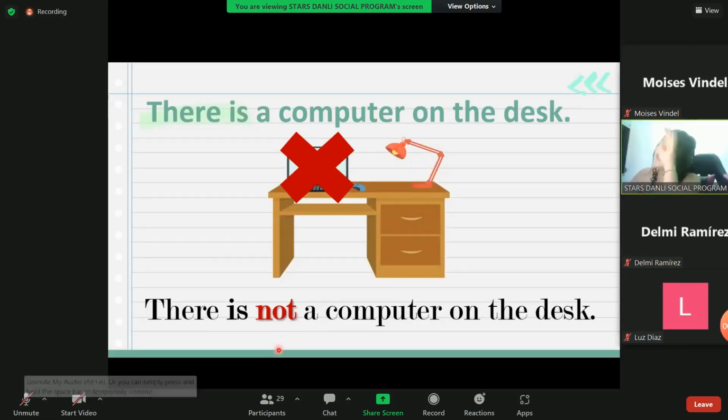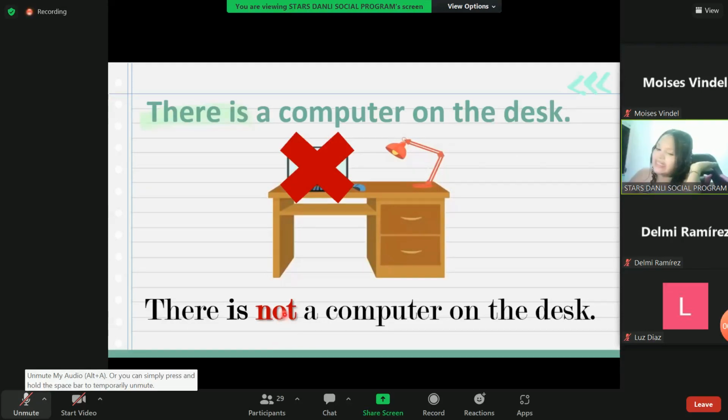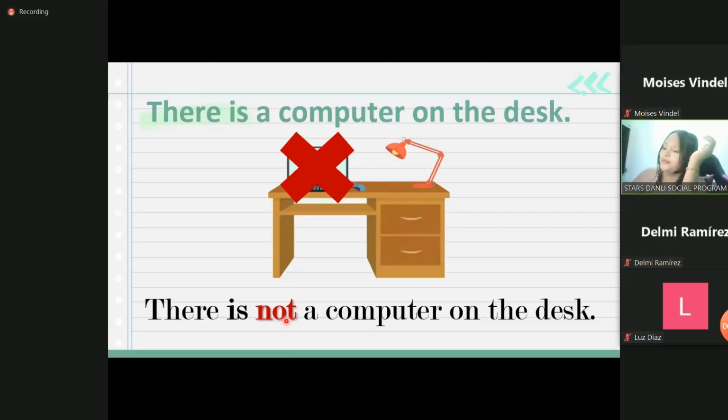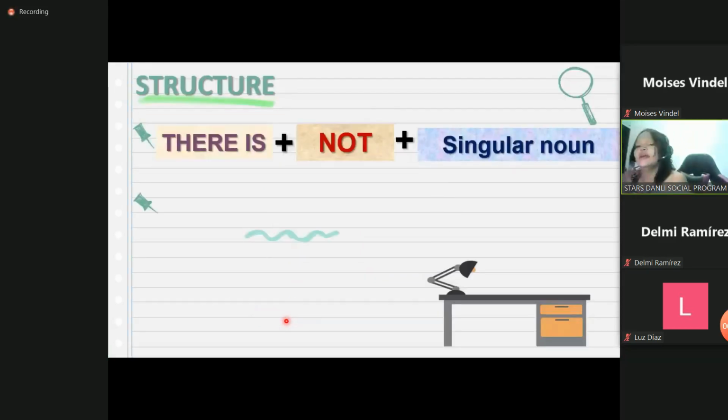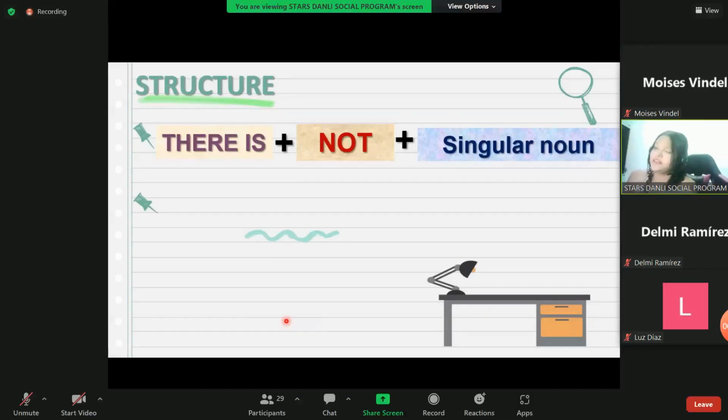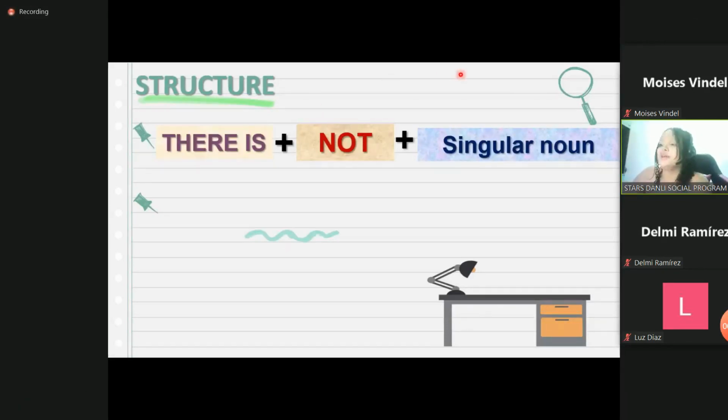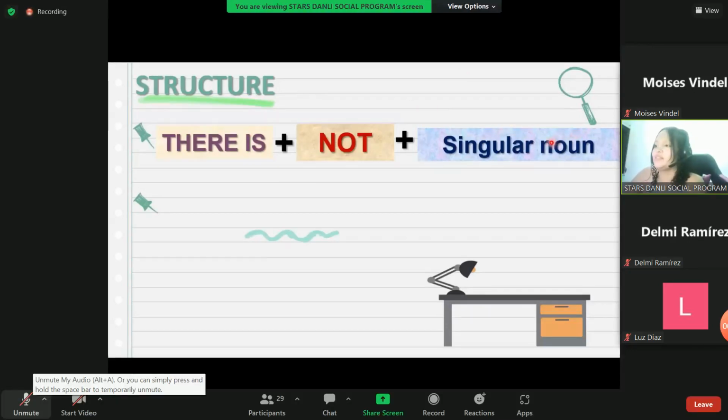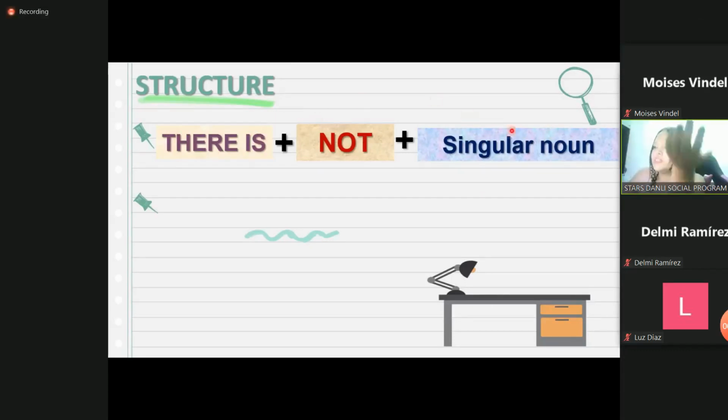Es todo lo que usted necesita para indicar que no hay nada, que no hay algo en un lugar específico, solamente le agregamos not. And here we have again the structure. We have first there is, then we have not, and in this case a singular noun again. Remember, there is plus singular.